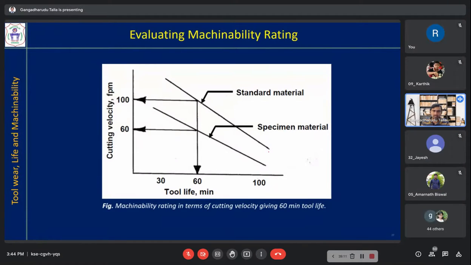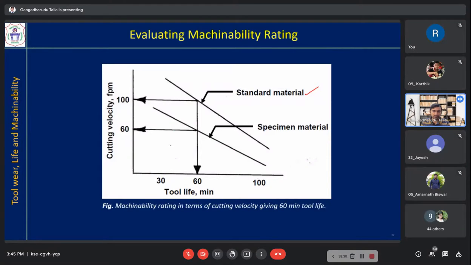So you can see here a standard material, maybe one kind of steel, some number is there. Now the specimen that you are cutting may be mild steel, or aluminum, or magnesium alloy, nickel alloy, titanium alloy, whatever it may be.